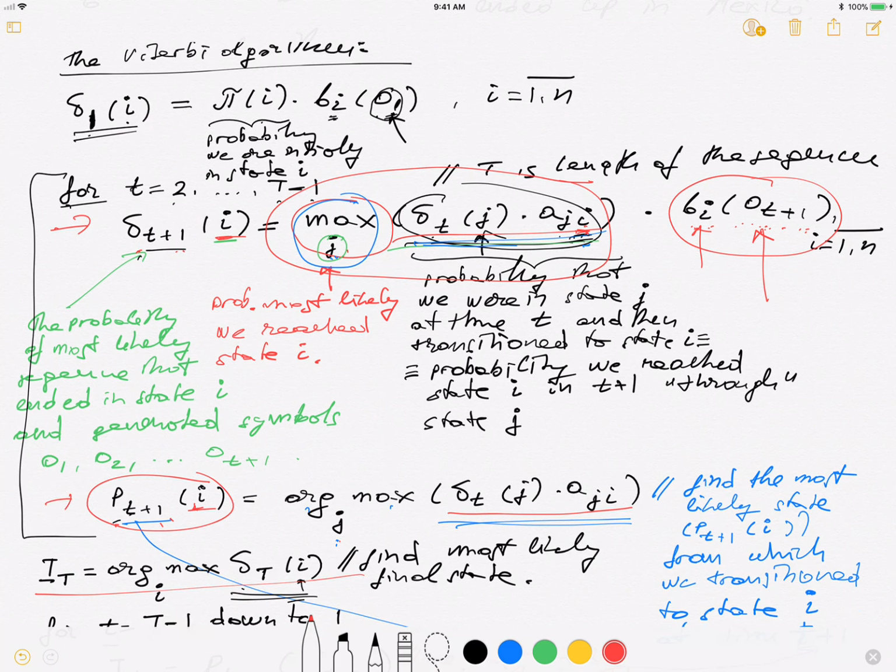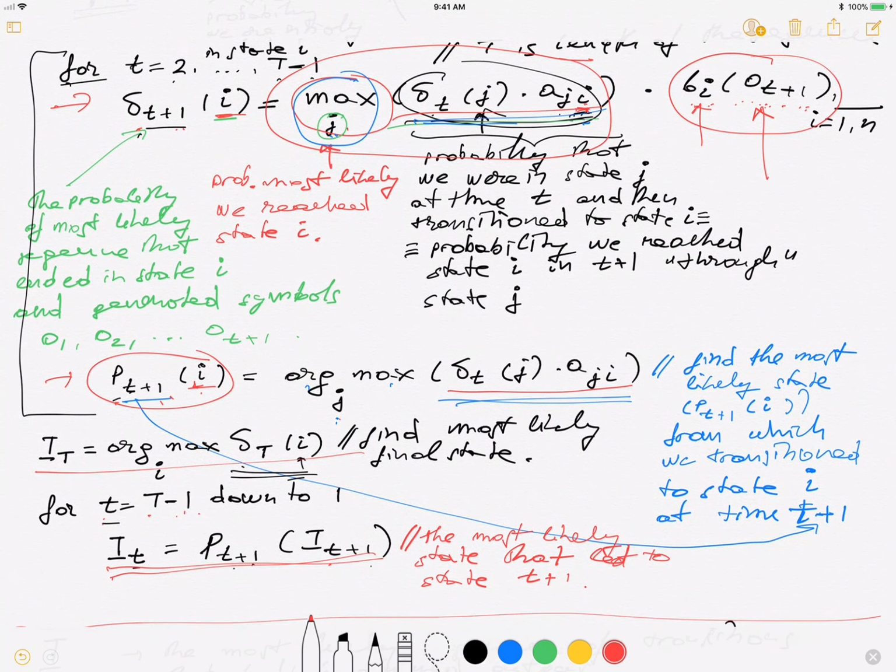And this determines what is the most likely transition that led to that state. I calculated all of these probabilities, and then at the end I find out which one is the most likely state, and then I roll back using these values here and ultimately determine the most likely states at times 1, 2, 3 till T minus 1.